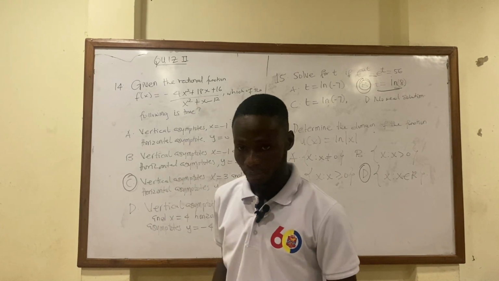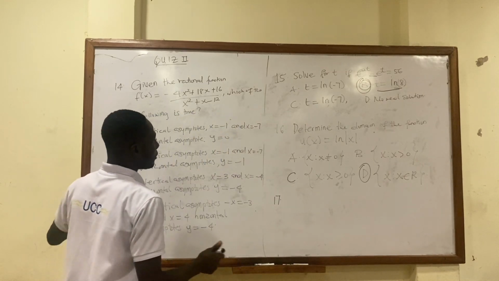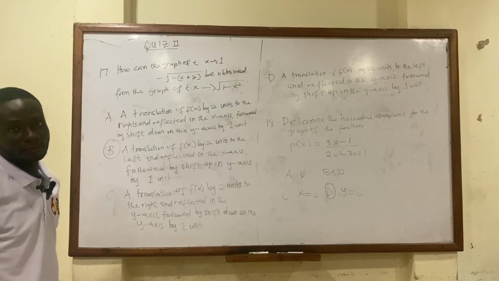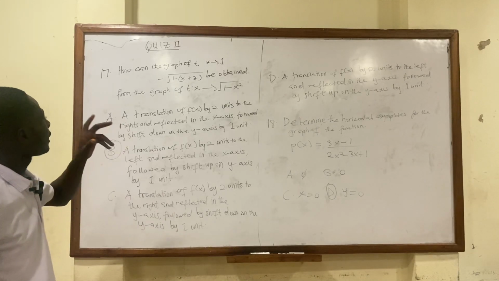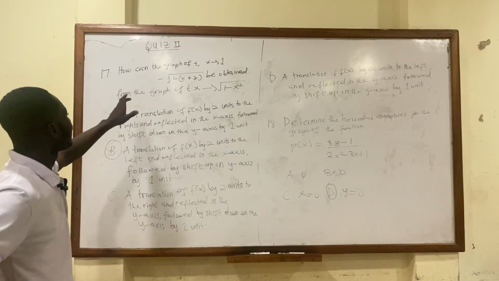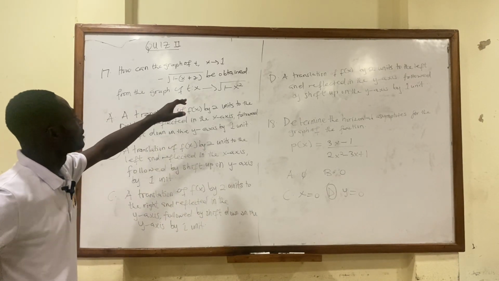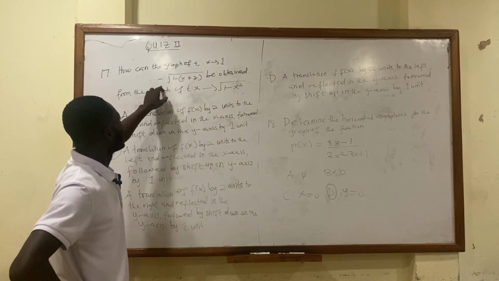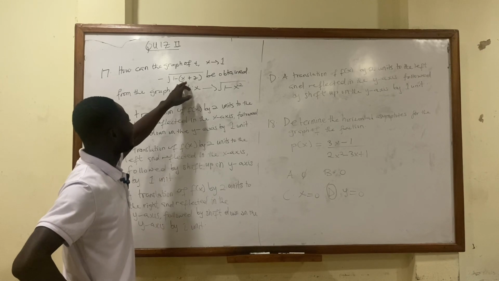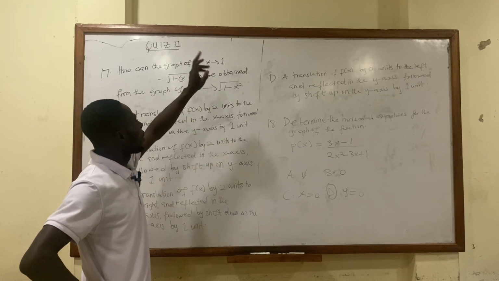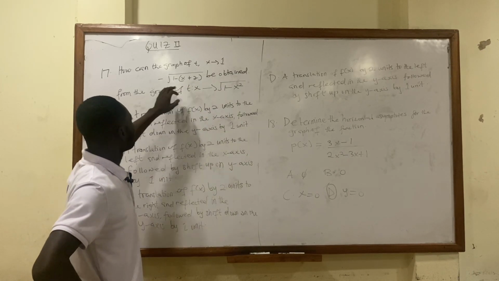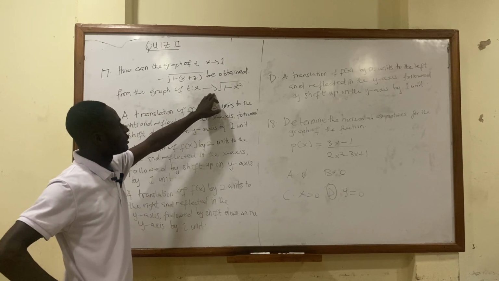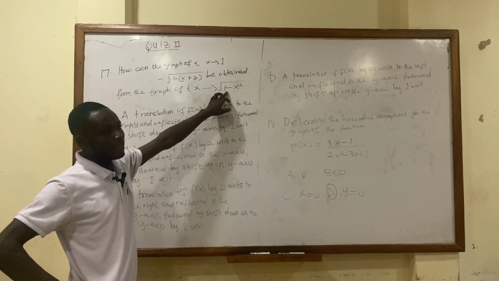So let's continue with question 17. So looking at question 17, it says how can the graph of t as x approaches 1 minus root of 1 minus x plus 2 be obtained from the graph of t as x approaches root of 1 minus x squared.